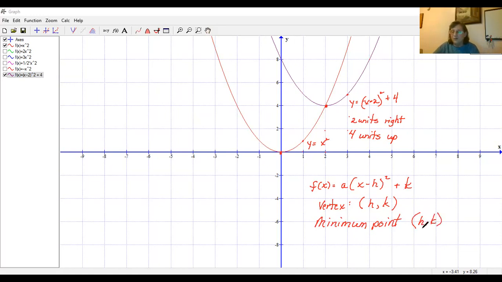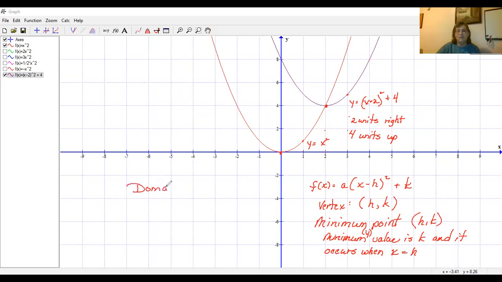Depending on your particular book and your particular teacher, sometimes they will say that the minimum value is k, and it occurs when x is equal to h. By the minimum value, they are automatically referring to the y value, because there is no minimum x value.